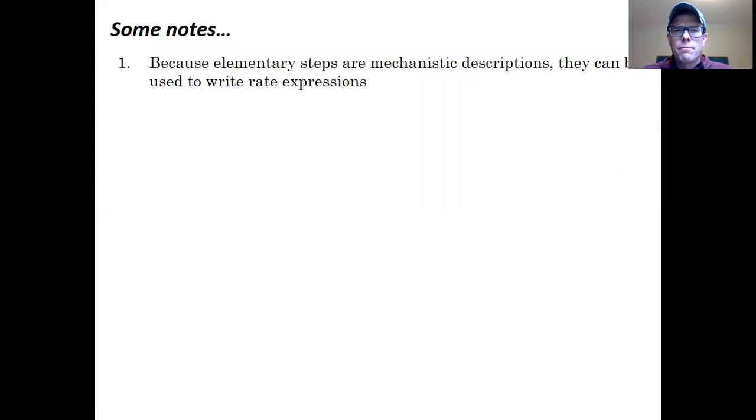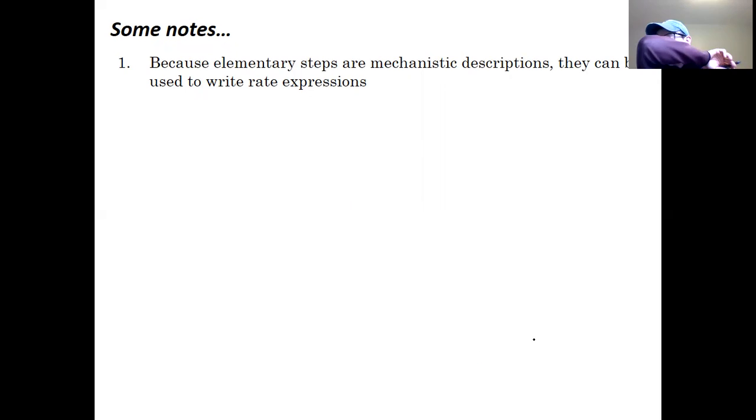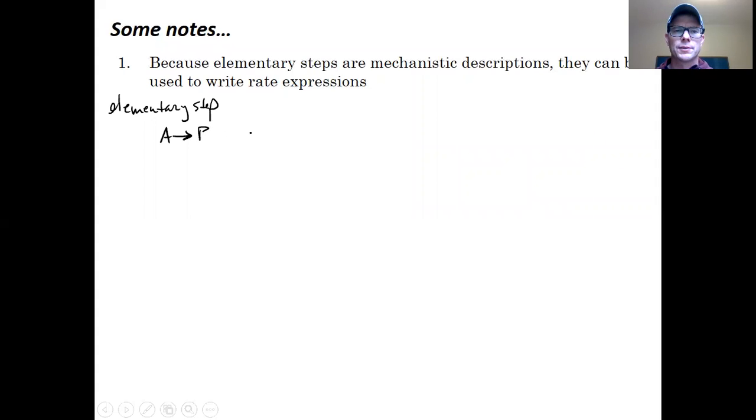Number one, because elementary steps are mechanistic descriptions, they can be used to write rate expressions. So here's an example. If I had a simple elementary step that was A going to P, the molecule just transforms.